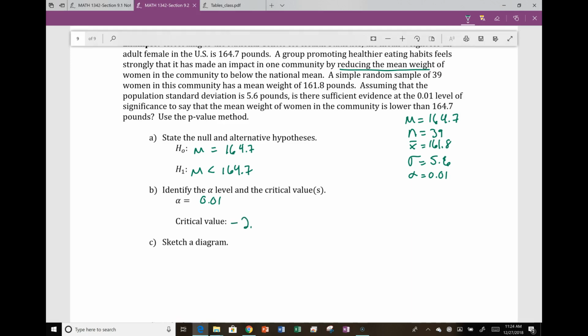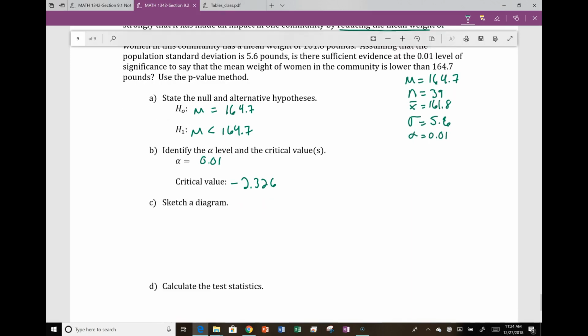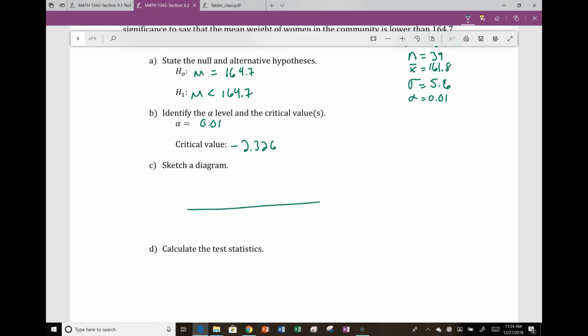We draw our diagram, and it's left-tailed, so it's less than. In here is the entire alpha, 0.01. Critical value negative 2.326.